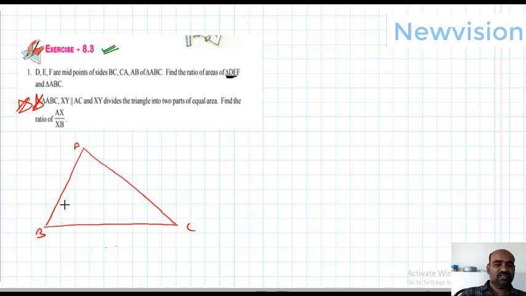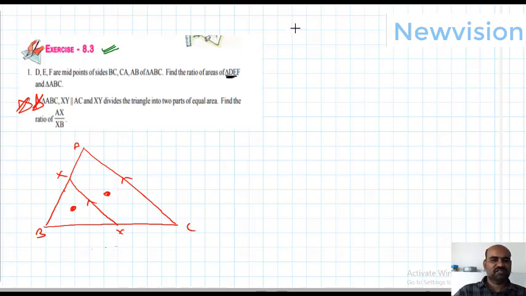XY parallel to AC. It divides into equal areas: area of this triangle equals area of this trapezium. That is important. What do you want to find now? AX by XB.